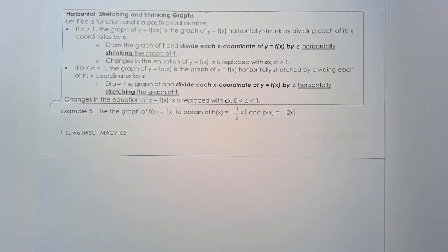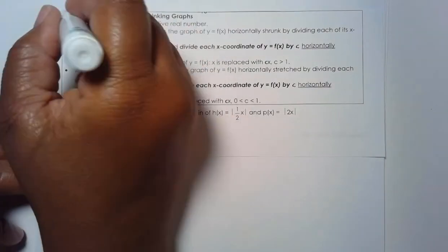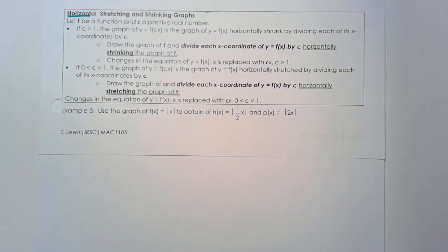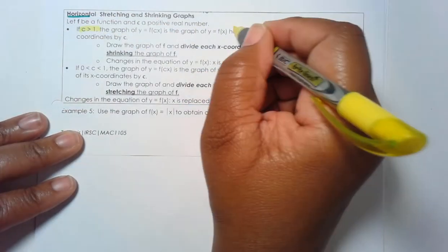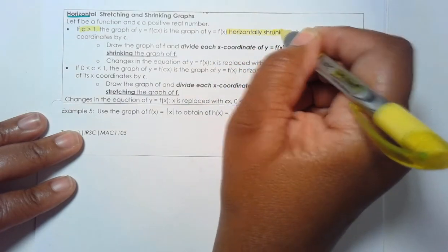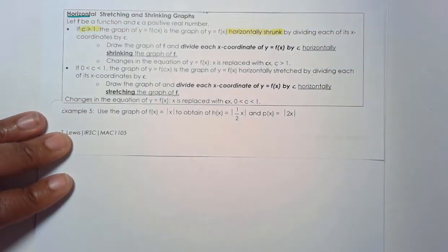It's positioned between the absolute value bars. And whenever you have a number, be it greater than 1 or between 0 and 1, when it's in the grouping symbol, it is going to stretch or shrink horizontally. Okay, so it says if our number is greater than 1, it's going to shrink horizontally.